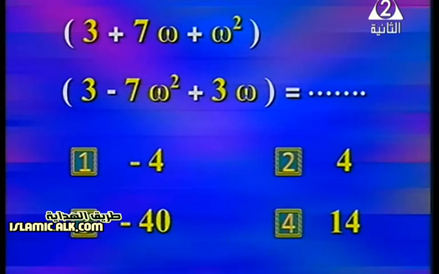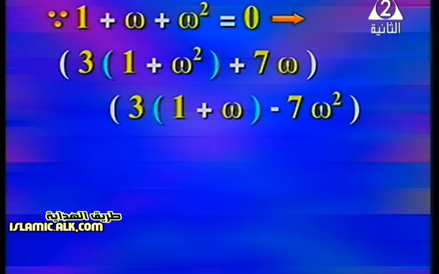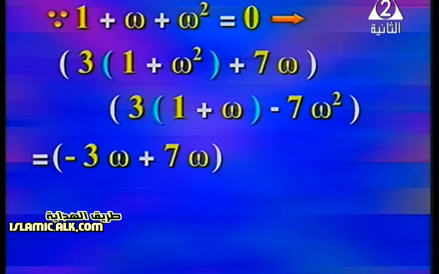When we multiply the bracket containing 3 plus 7 omega plus omega squared by the bracket containing 3 minus 7 omega squared plus 3 omega, look at it, dear student: 1 plus omega plus omega squared equals 0. Then what do you deduce? 3 times (1 plus omega squared) inside the bracket plus 7 omega, multiplied by 3 times (1 plus omega) minus 7 omega squared, equals what?